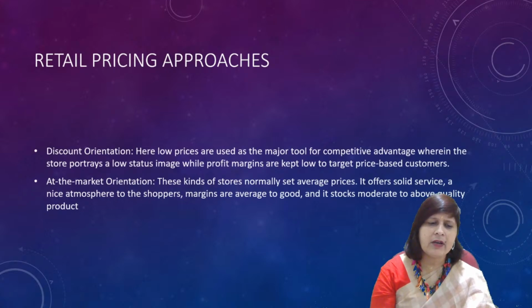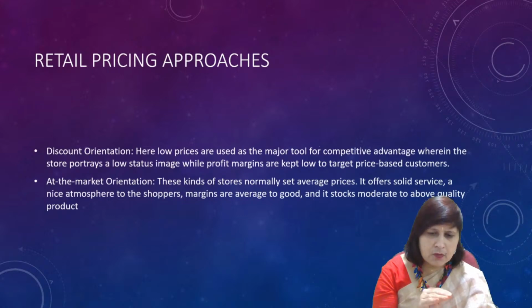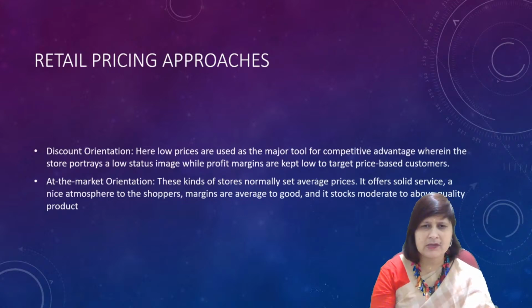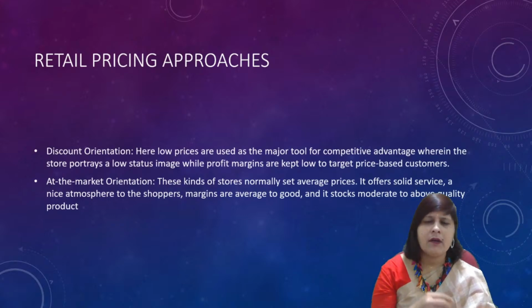At market orientation, you set average prices, neither low nor high, and you provide services or products of good quality. Margins are average to good, and you provide a nice atmosphere to the shoppers.